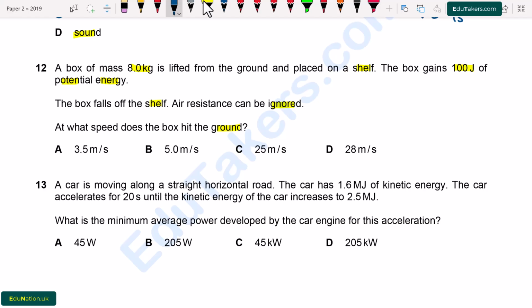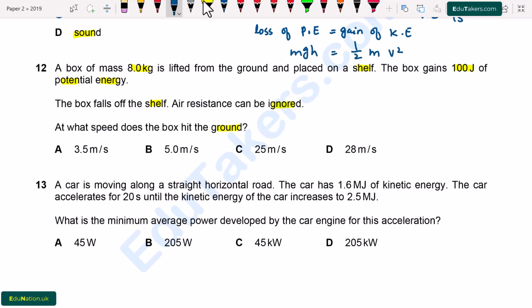So I write here loss of potential energy is equal to gain of kinetic energy. We know formula for the kinetic energy and potential energy, so I write here mgh. It will be equal to half mv square.